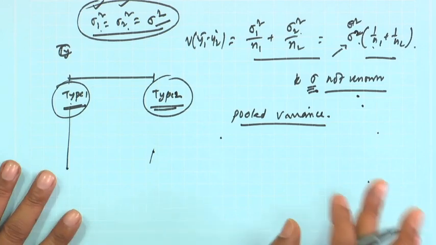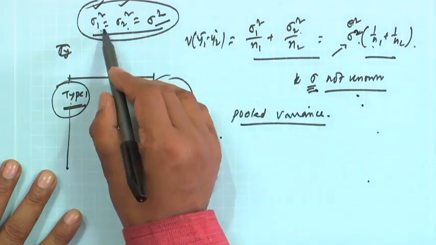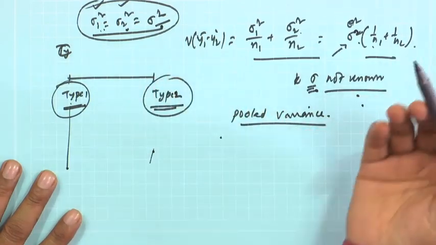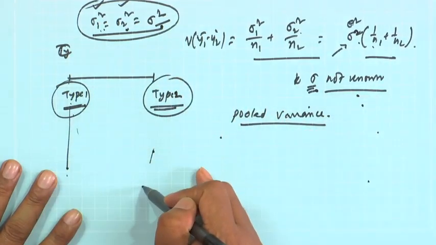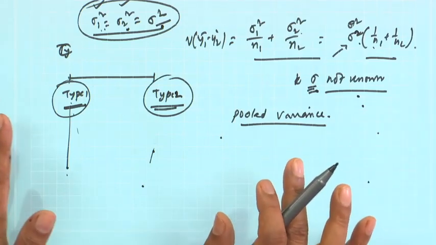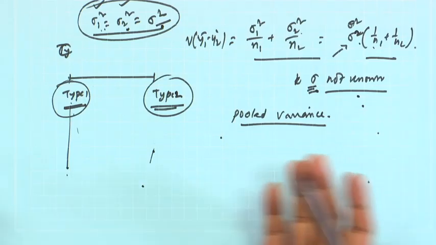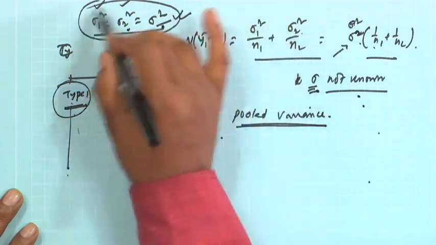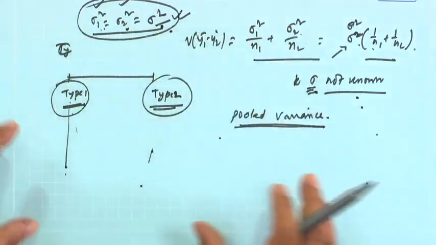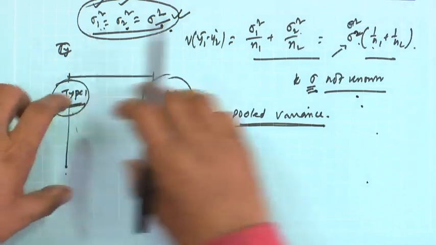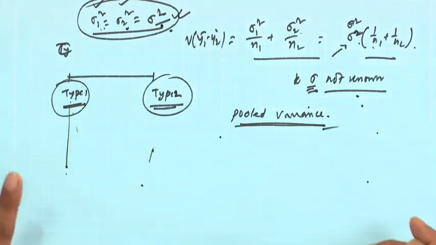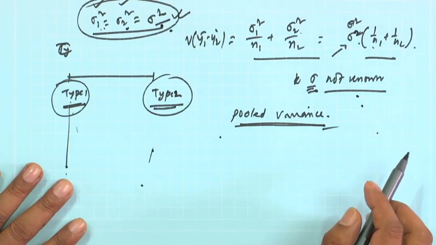The pooled variance is very important, because if sigma1 square equals sigma2 square equals sigma square, then you may expect that their sample variances will be equal, but that will never happen. Now, as this is the assumption and it is assumed to be true, why can't we take all these n1 plus n2 observations together and calculate the variance, which is known as pooled variance.